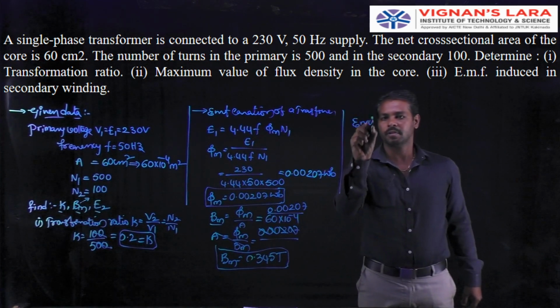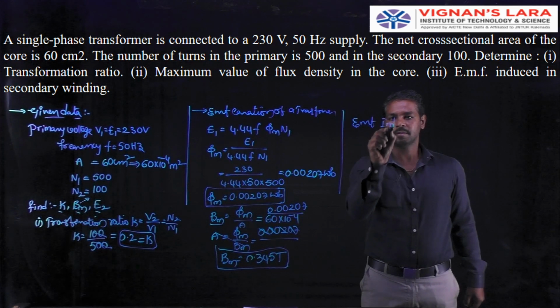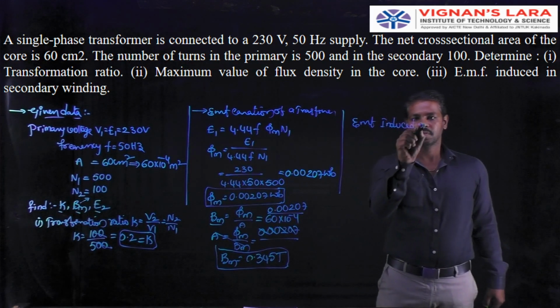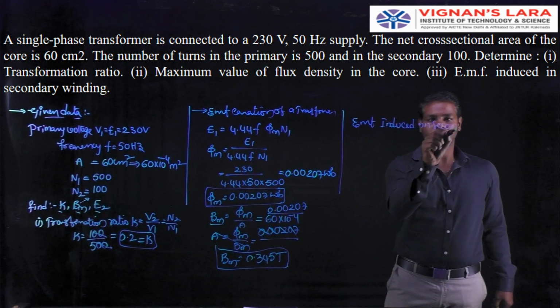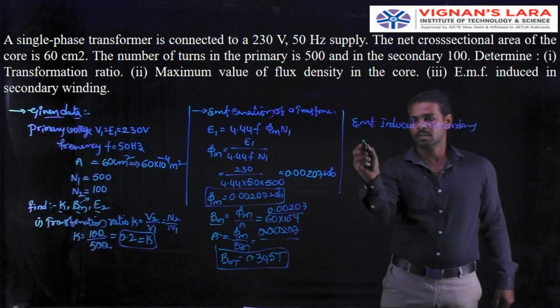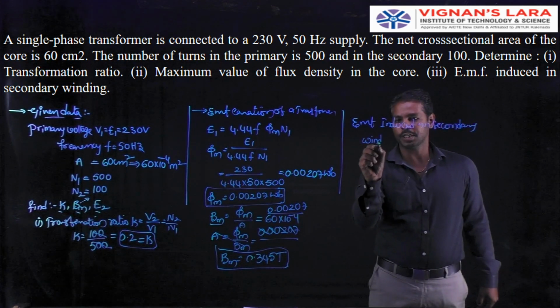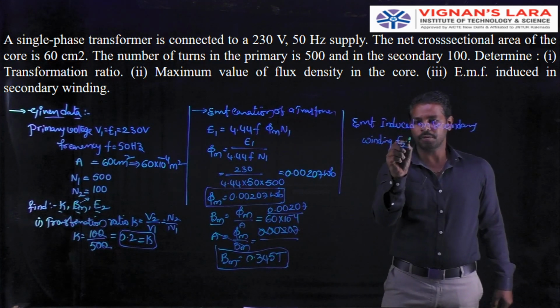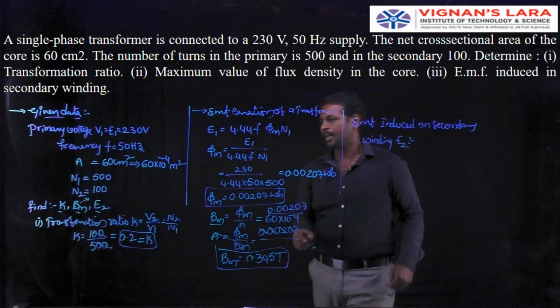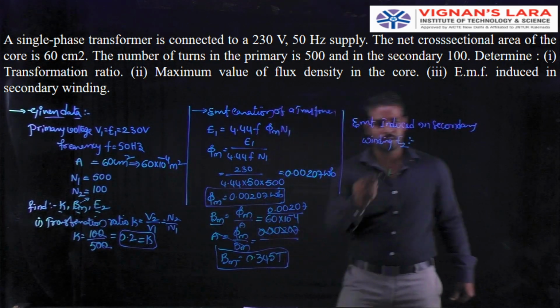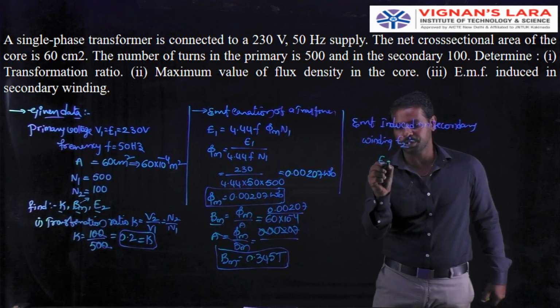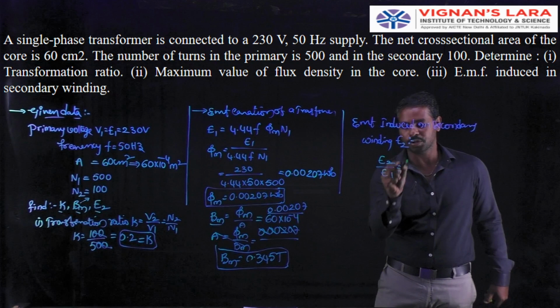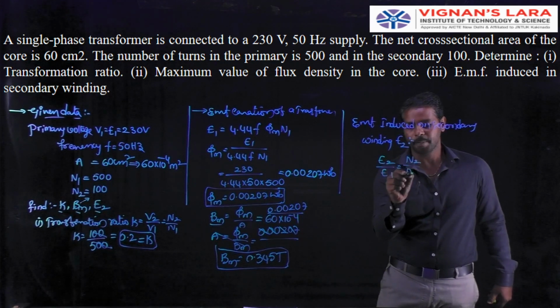So last bit is EMF induced in the secondary winding, which is denoted by capital E2. So the E2 value is calculated by using the given expression. By using transformation ratio, E2 by E1 is equal to N2 divided by N1.